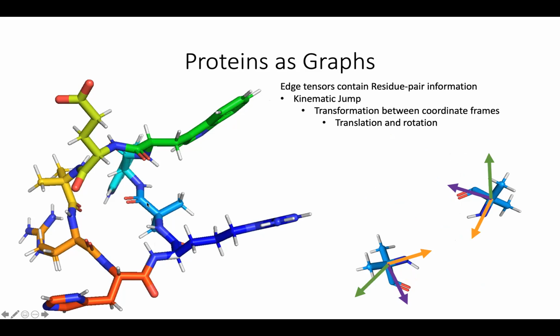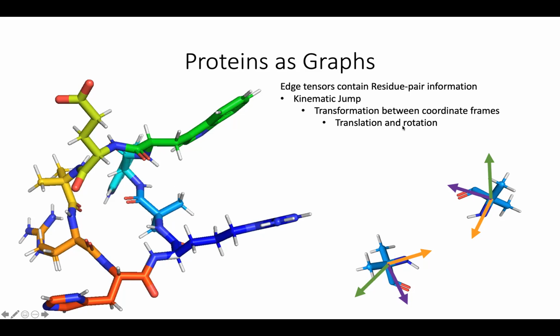And so this is more than just giving distances and angles, how trRosetta does. This is the entire transformation from going from one to the other.